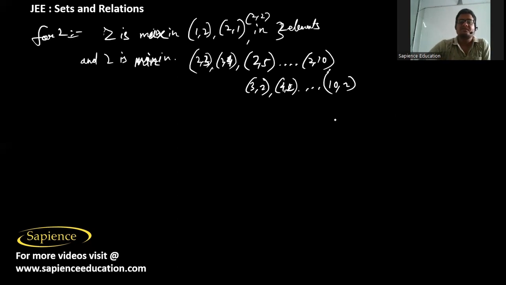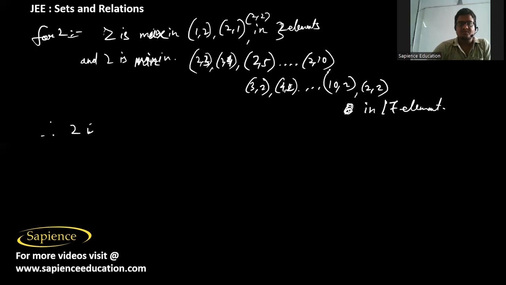So here we have 3 to 10, that is 8 elements, and here also 3 to 10, that is 8 elements. And also in (2, 2). So it means that 2 is minimum in 17 elements.